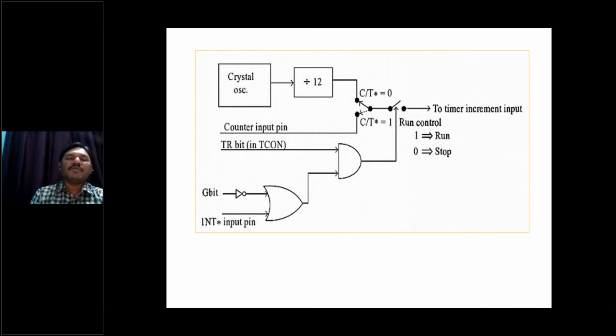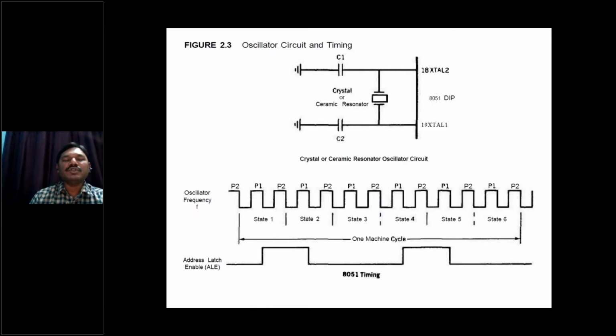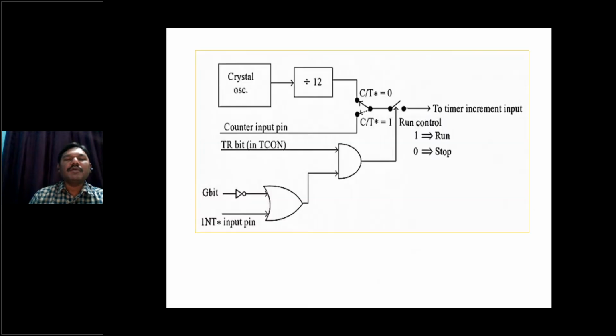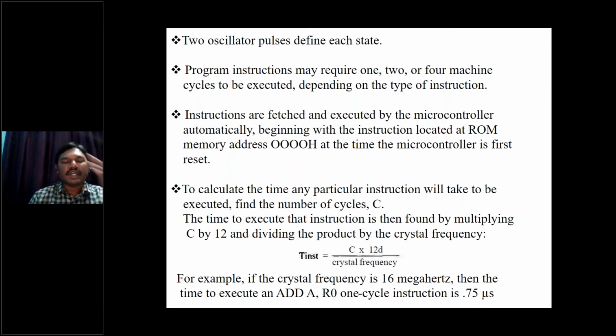If the signal is coming from the external environment and you need to count the number of pulses, then C by T bar acts as a counter. So there are two timers here, timer 0 and timer 1, and they operate using the instruction time, 12 divided by the crystal frequency.